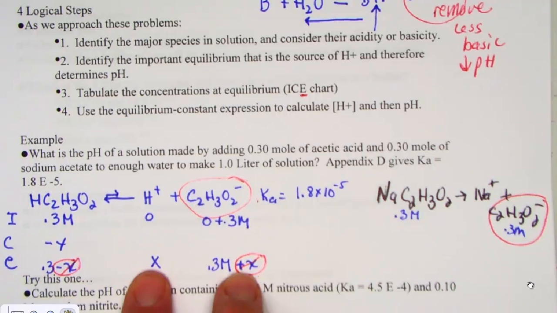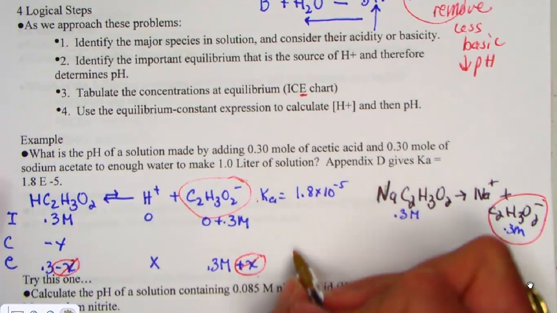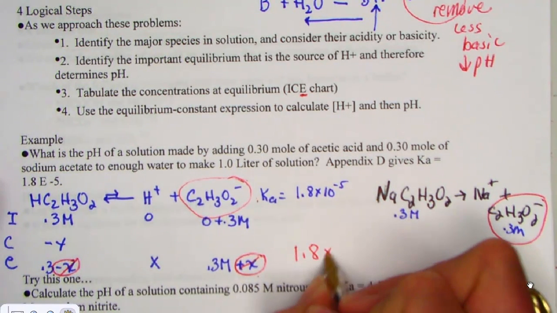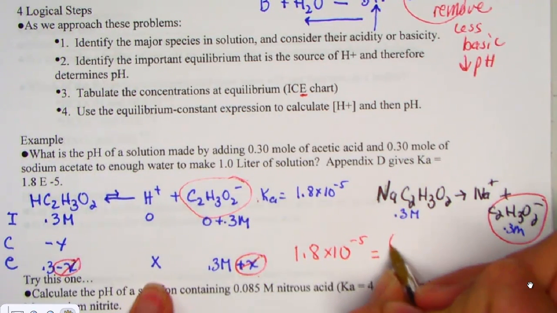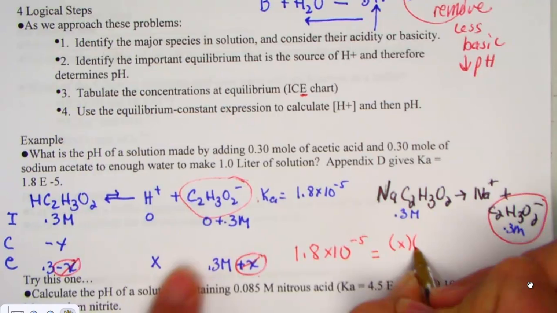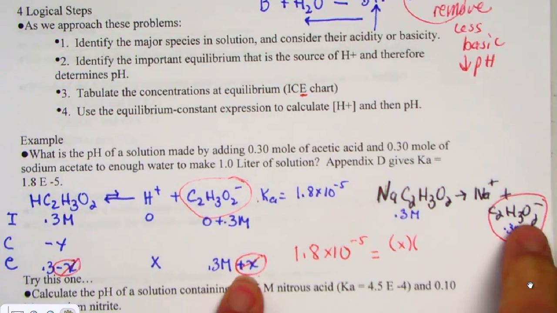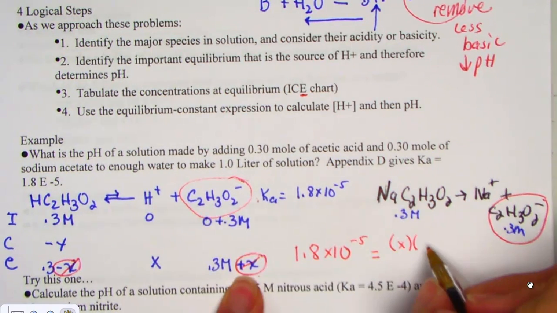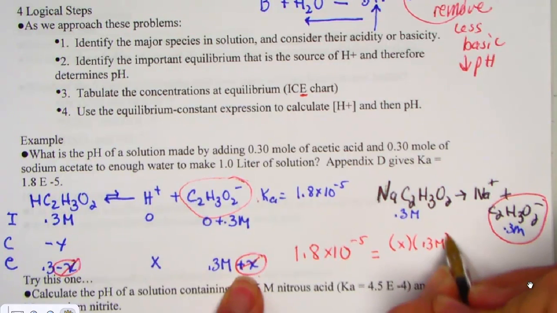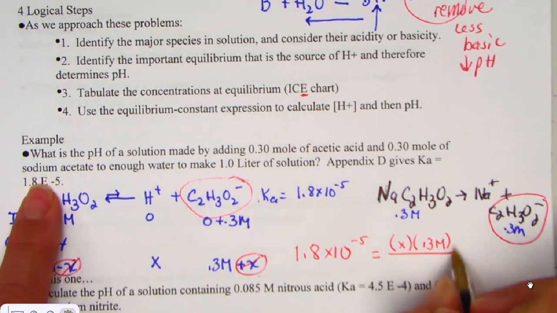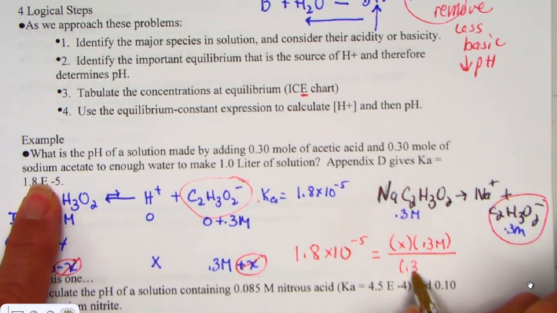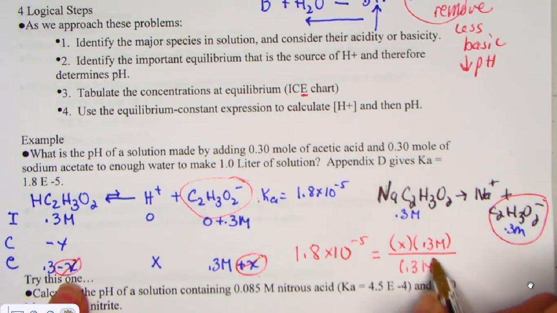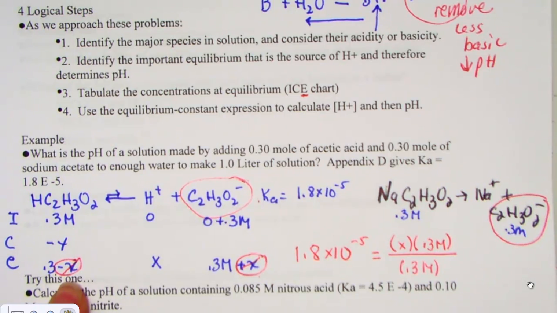Ka simply becomes products over reactants, and look what happens. 1.8 times 10 to the negative fifth is the Ka. Hydrogen is X. The common ion between the salt and the weak acid is 0.3 molar. And in this particular example, because we were given equal amounts, this also is 0.3 molar, the concentration of the acid.